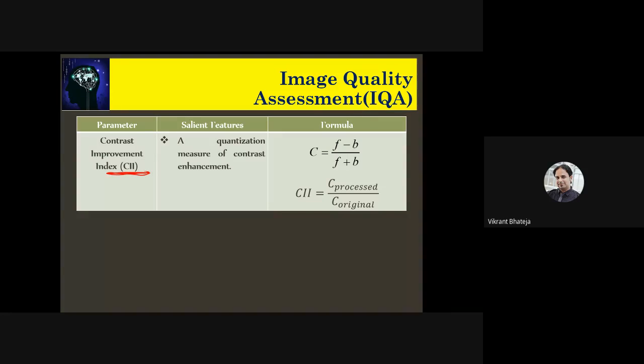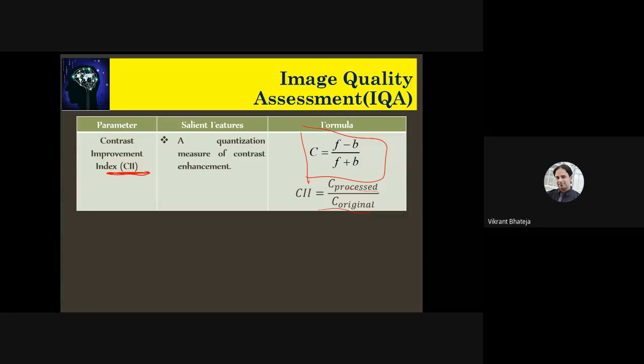Let's understand. The formula is that the contrast improvement index is C of your processed image, that is the contrast of the enhanced image, to the contrast of the original image. Now, how are you calculating this contrast over here? Your formula is F minus B upon F plus B. Again, you see that earlier the contrast was F max minus F min upon F max plus F min.